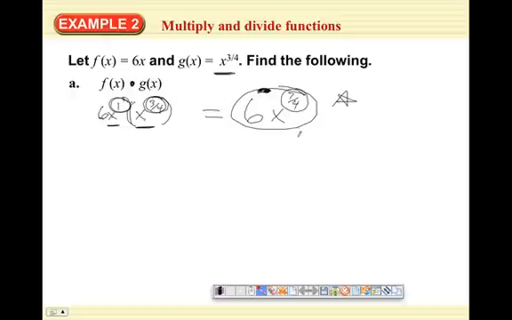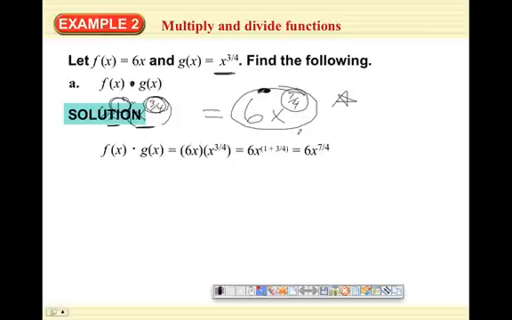You're done. Letter B. You're going to divide. Okay, you see how they do it on there? Alright. B is division. F of x divided by g of x. So let's plug it in. Let's substitute. F of x is 6x over g of x, which is x to the 3/4.